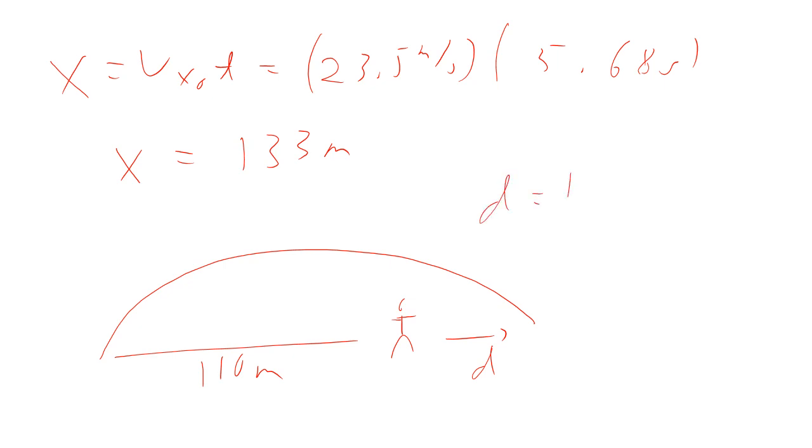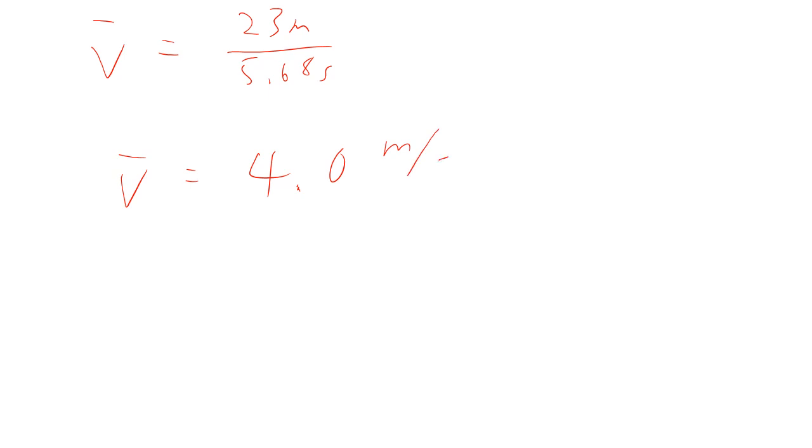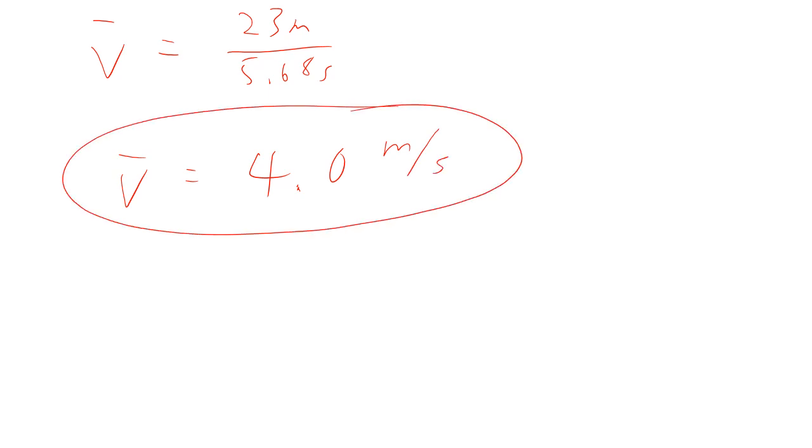So d is going to be 133 meters minus 110 meters, which means d is equal to 23 meters. So the average velocity of the fielder is going to be 23 meters divided by 5.68 seconds, because that's how long it takes the ball to get there. And so the average velocity is going to be 4.0 meters per second. So that's the average speed that the fielder has to run.